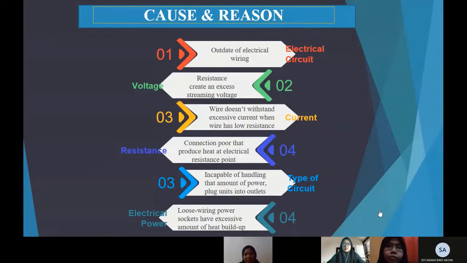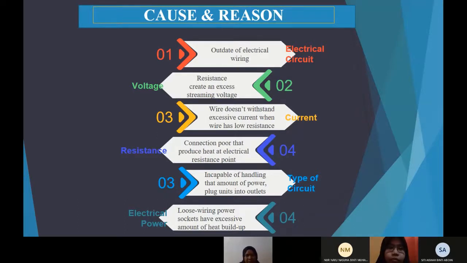I'm Nabiha. We continue with the cost analysis part. For the first aspect, which is electrical circuit, update of electrical wiring. For the second, voltage, resistance, current and straining voltage. Next, wire does not withstand excessive current when wire has low resistance.